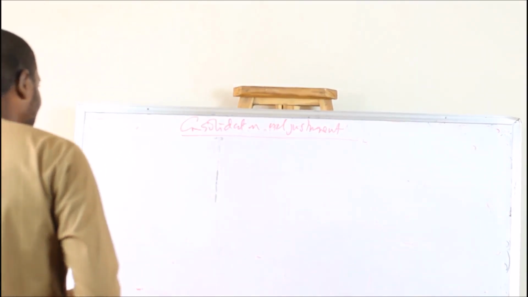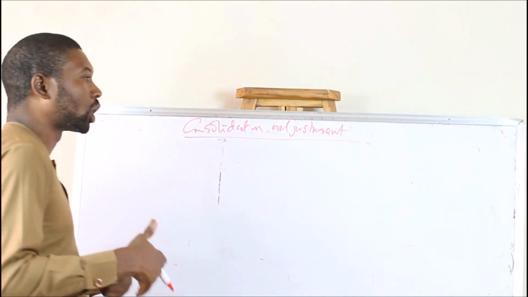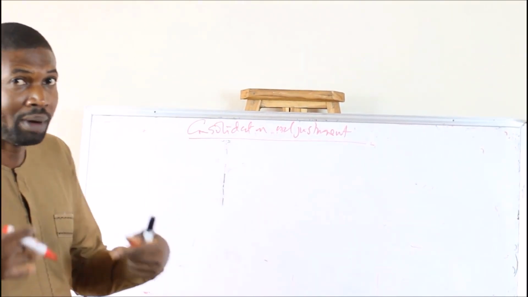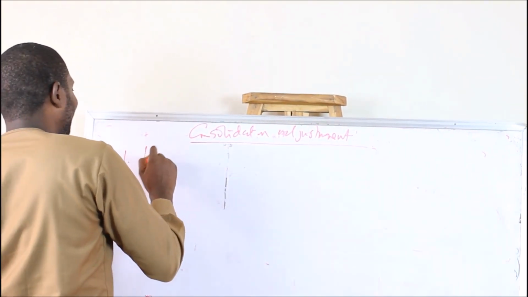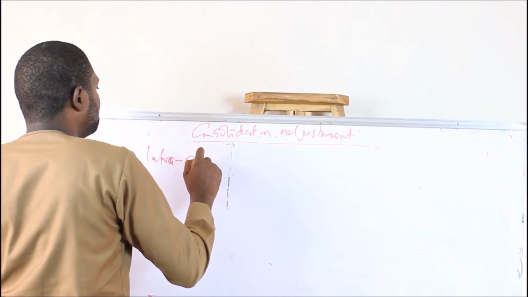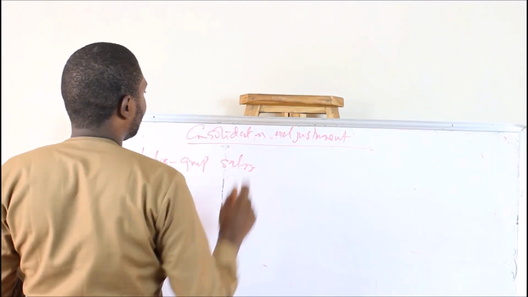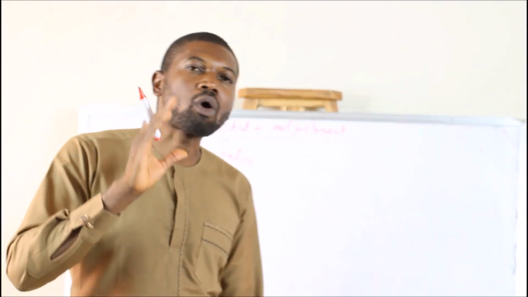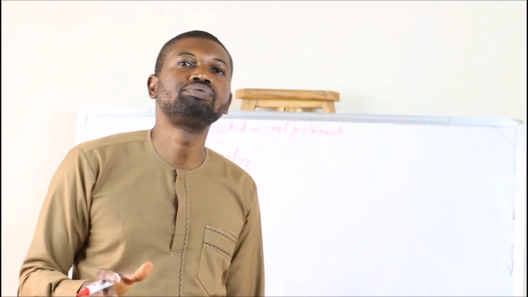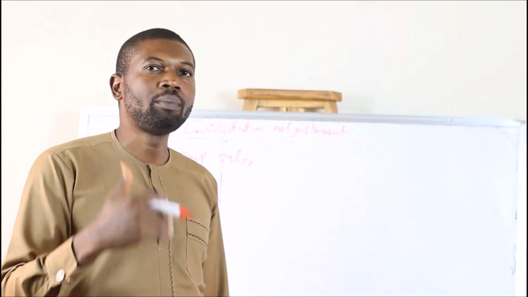The first thing you are going to come across under the additional information is number one, intra-group sales. Intra-group sales are sales that occur between members of the group.